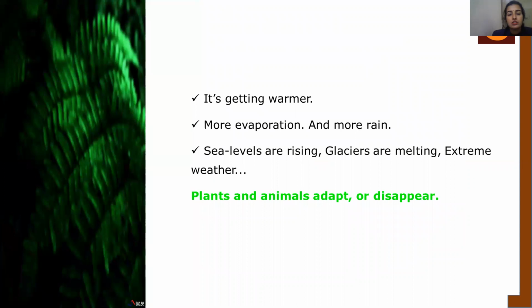The consequences include the Earth getting warmer, more evaporation leading to more rain, sea levels starting to rise, glaciers melting, and extreme weather. Because of these sudden changes, it affects the ecosystem, the plants and animals associated with it, and slowly they disappear.